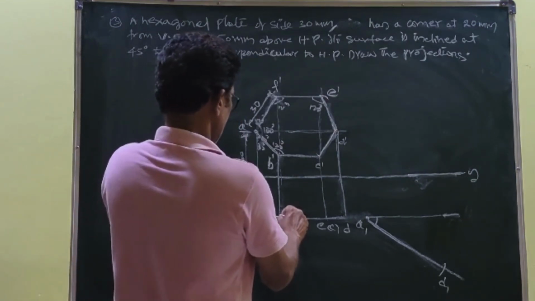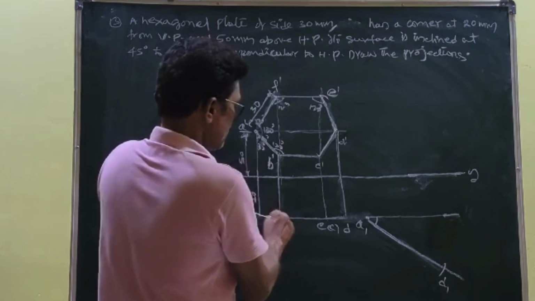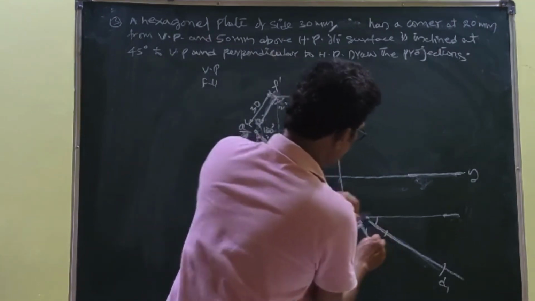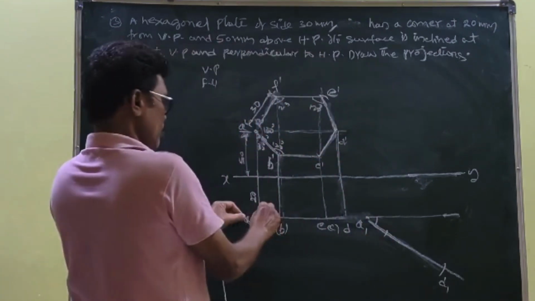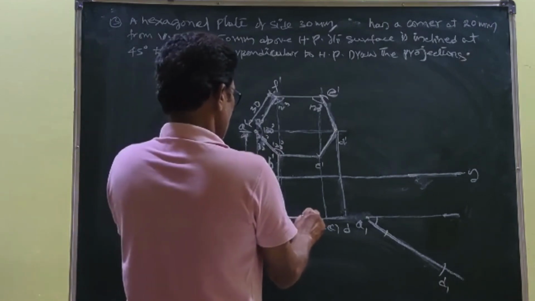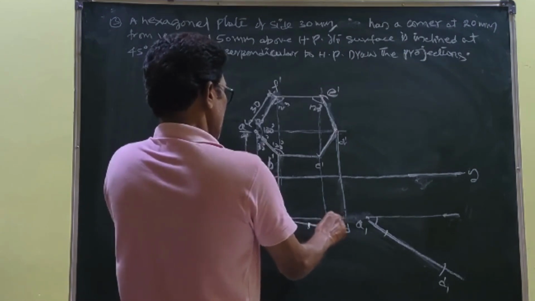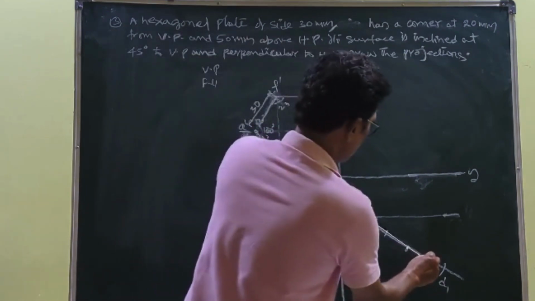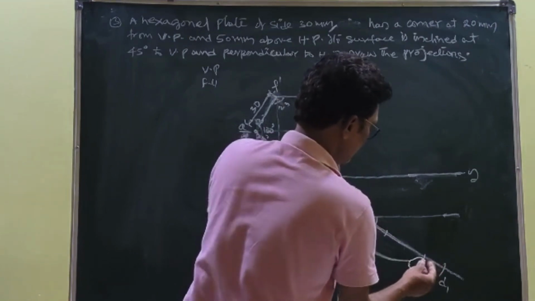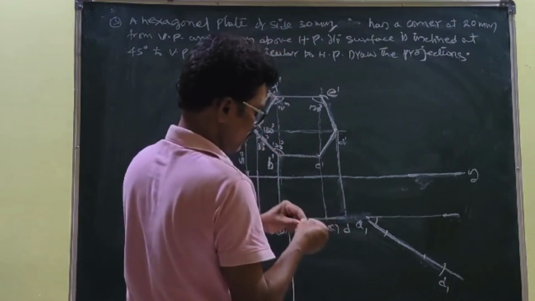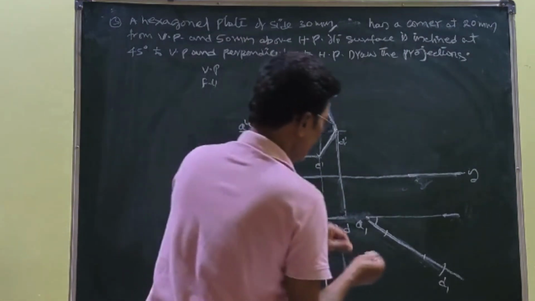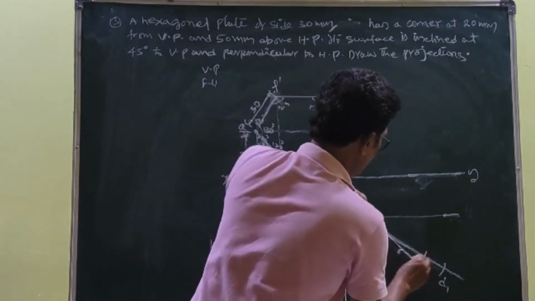AFB as a radius, A dash as a center, you cut it here. At the same time, A dash as center, AE and C as a radius, you cut it here. Okay, you cut it here.